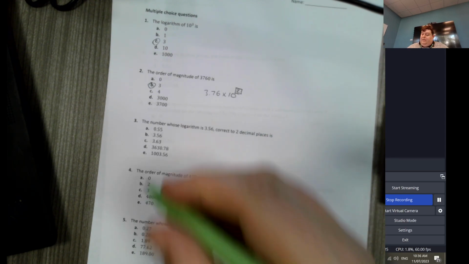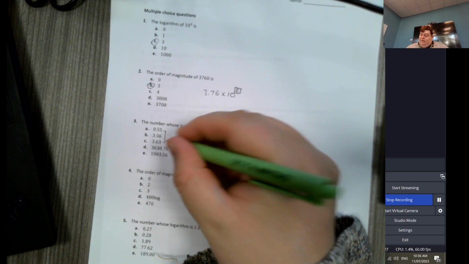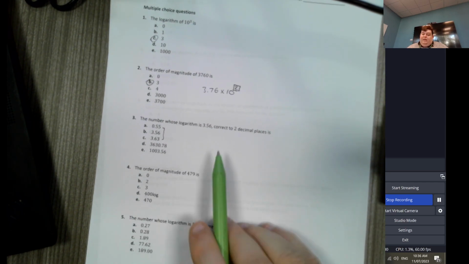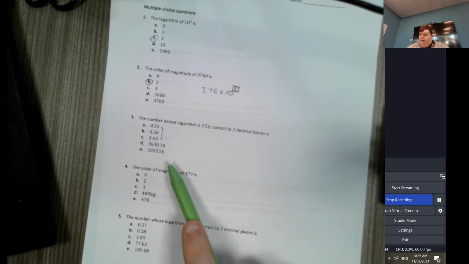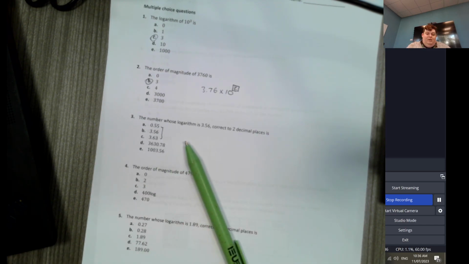And while I get that to load up, I can tell you that it's definitely not any of these three, because they are significantly less than 10 to the power of 3. I would also say that it's most likely not that bottom one. Is this thing going to open or what?